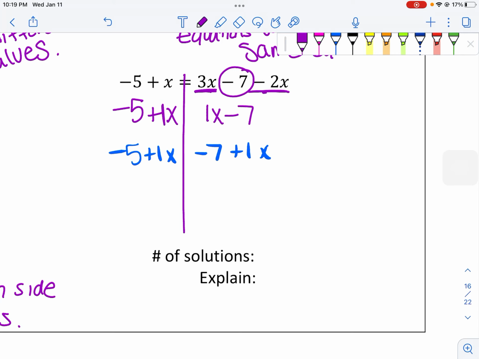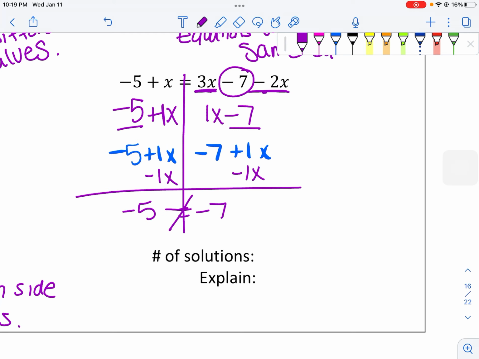So this is a 1x, they're both 1x's, but -5 and -7 are not equal. So when you subtract the 1x from both sides, you end up with -5 equals -7, which is not true, not equal. And so this one has no solutions, or no solution.